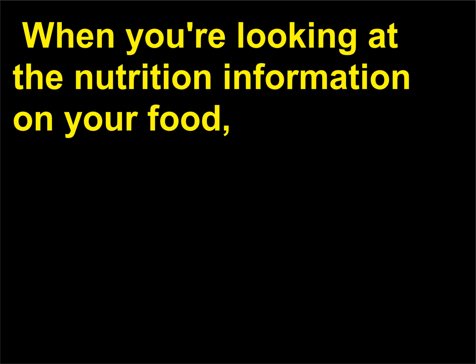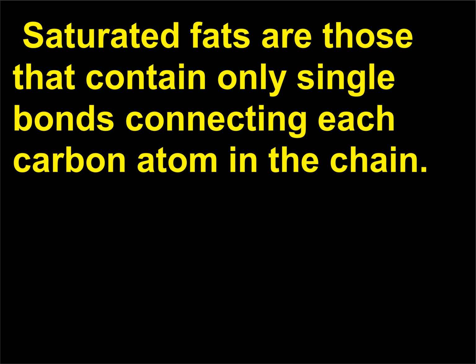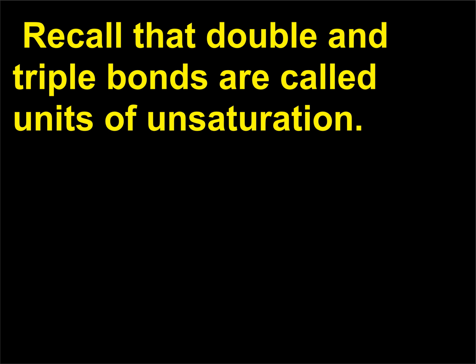When you're looking at the nutrition information on your food, the concept of saturated versus unsaturated fats can be understood by looking at the structure of a fatty acid. Saturated fats are those that contain only single bonds connecting each carbon atom in the chain. Recall that double and triple bonds are called units of unsaturation.